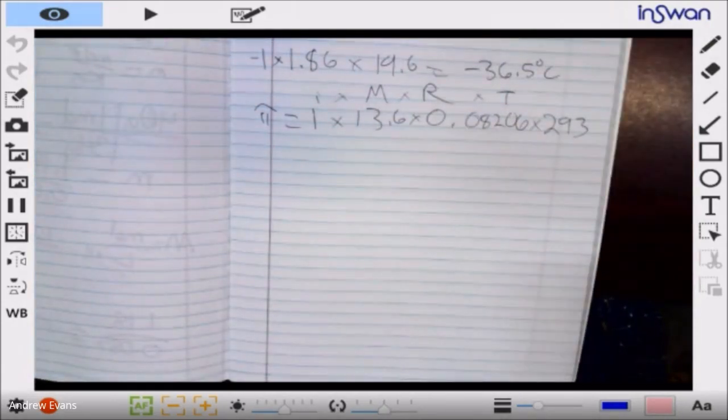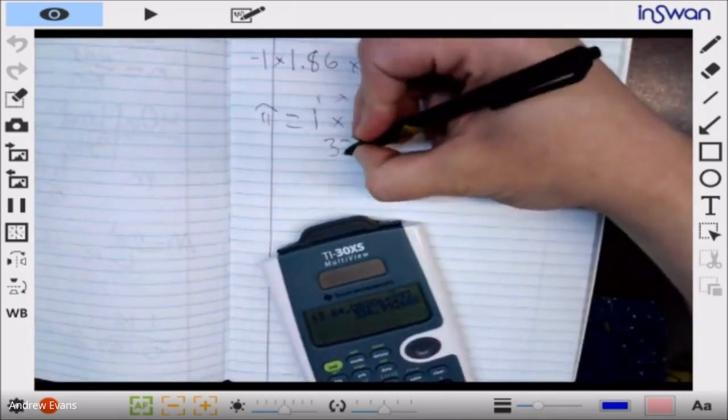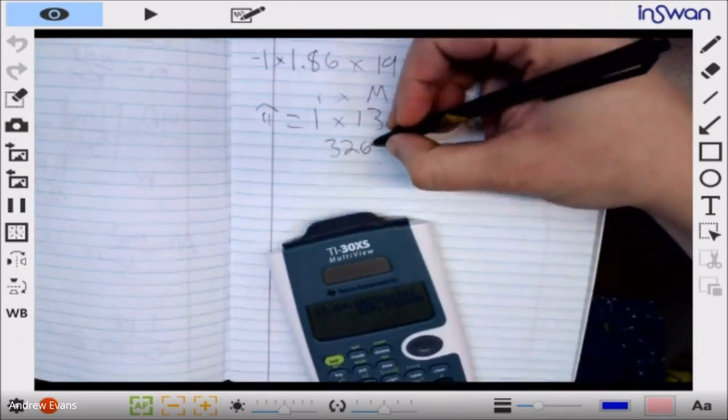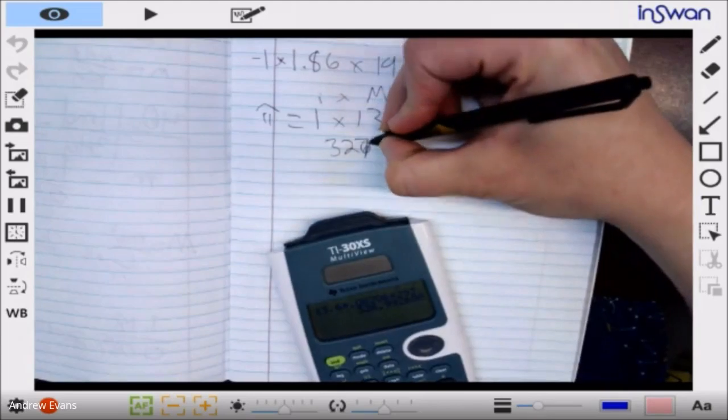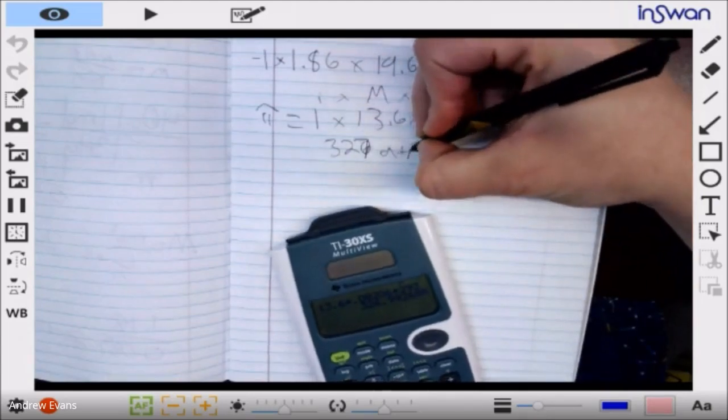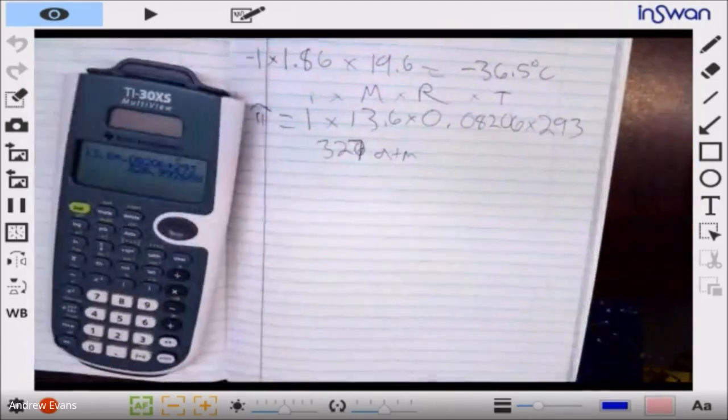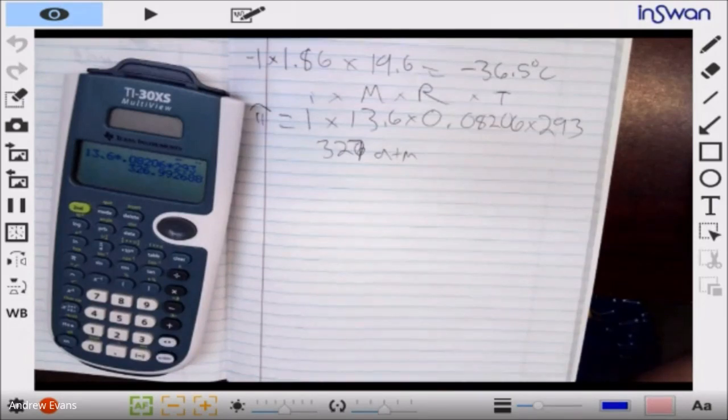So 13.6 times 0.08206 times 293. Holy cow, that would produce about 327 atmospheres of pressure. If you put that adjacent to a pure water solution, it's crazy.